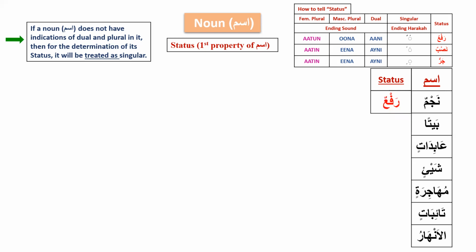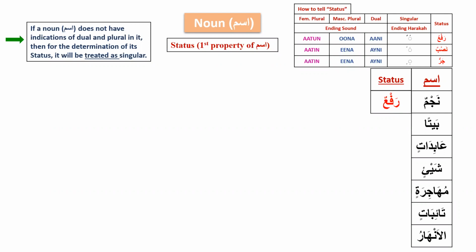Okay, this is how we're going to do it. First, we look for signs of dual. If it is dual, we apply the rules of dual. Then we look for signs of masculine plural. If it is masculine plural, we apply its rules. If it is not, then we look for signs of feminine plural.